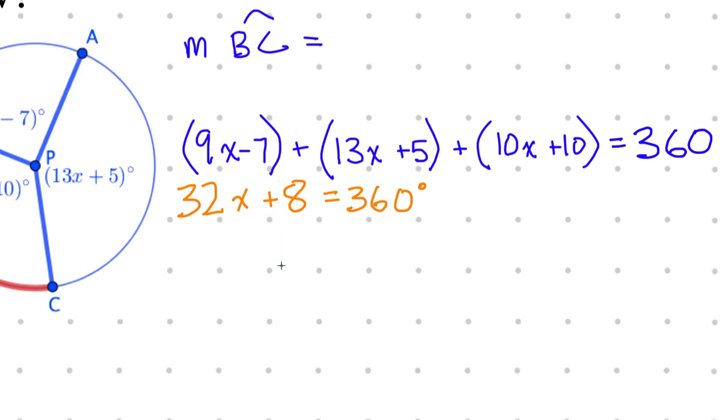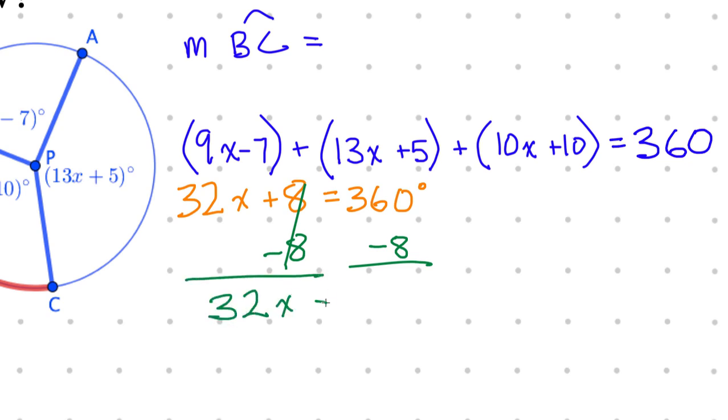All right, so next step. Who has not participated yet? Jenny, what do we do next? Minus 8. What do I get when I subtract 8 from 360? 52.